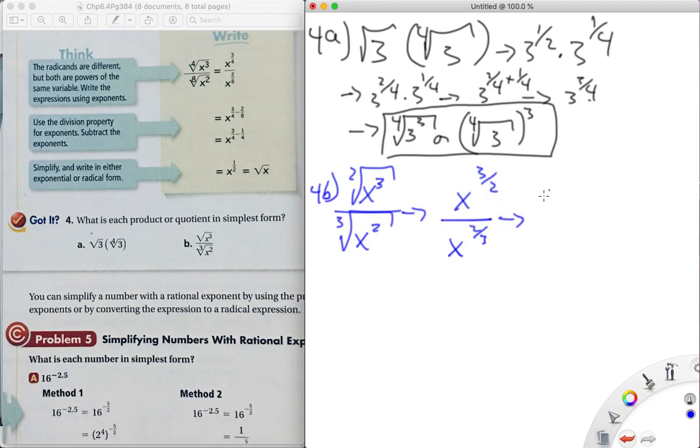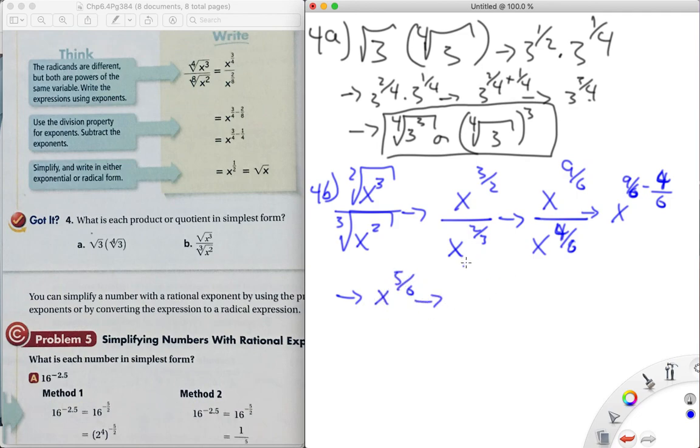I can multiply this guy top and bottom by 3, so this would be 9/6. I can multiply this guy top and bottom by 2, which would be 4/6. Then I can subtract x to the 9/6 minus 4/6. And that gives me x to the 5/6.